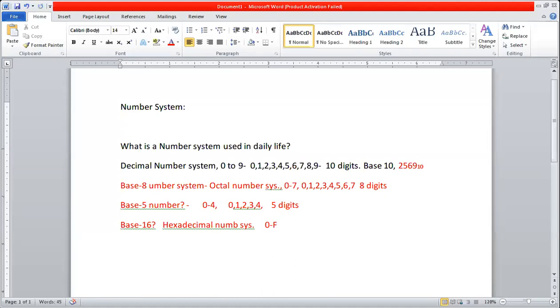There is no number 15 in the hexadecimal number system. We have 0 to F. They vary from 0, 1, 2, 3, 4, 5, 6, 7, 8, 9. What after 9? A, B, C, D, E, and then F.